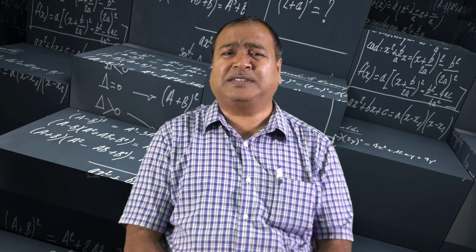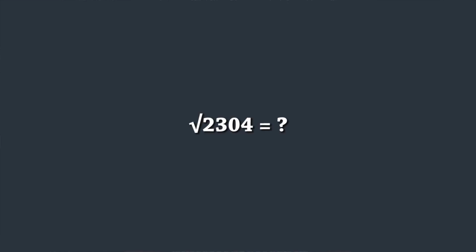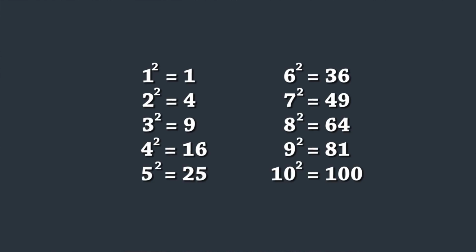Let us take another example which contains 4 digits, say 2304, and observe all the steps. Step 1. Divide the digits 2, 3 as one group, 0, 4 as another group. Step 2. Identify 4 and 5 such that 4 square is less than 23, which is less than 5 square. Step 3. Since 4 square is less than 23, the answer has 4 as the tenth digit in the required number. Step 4.